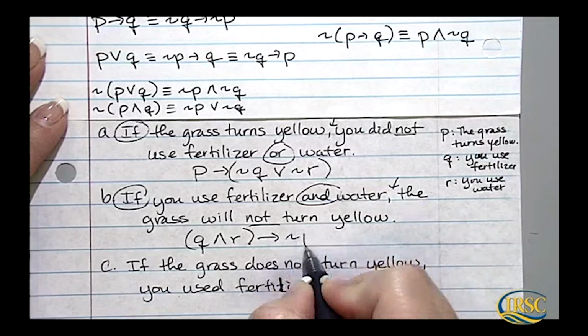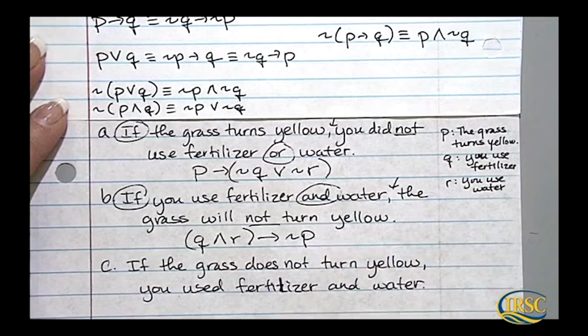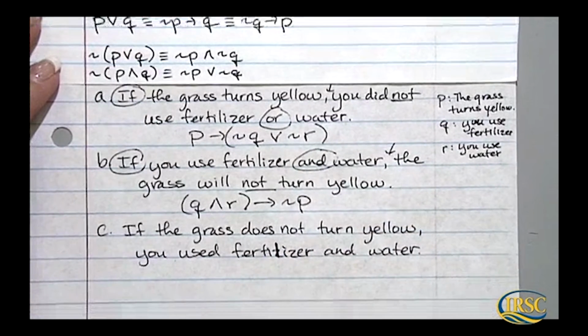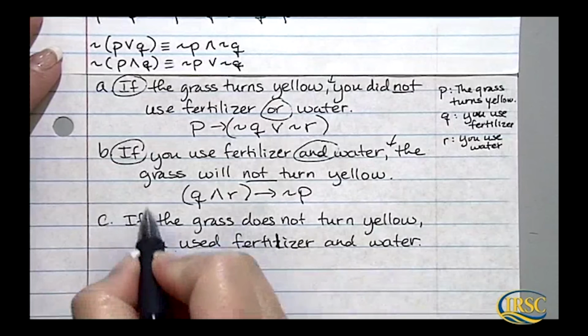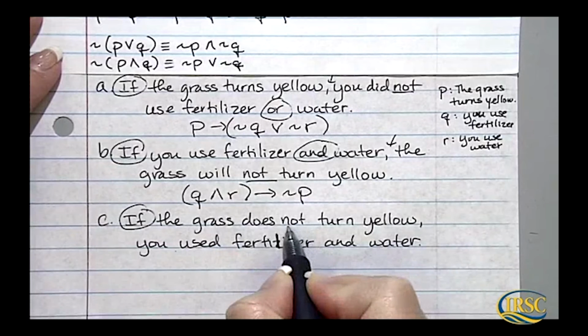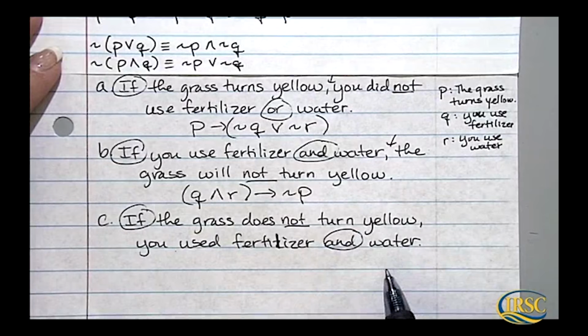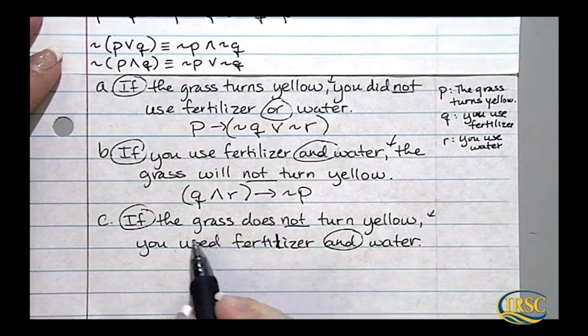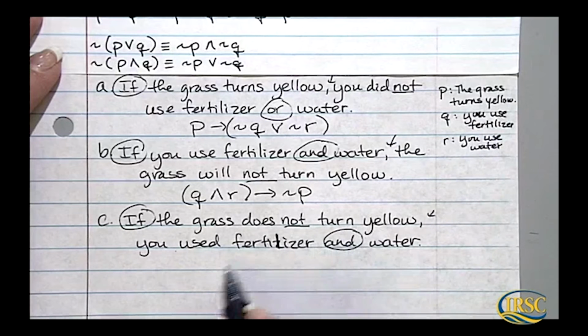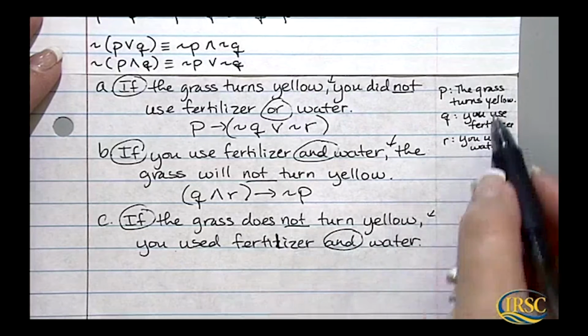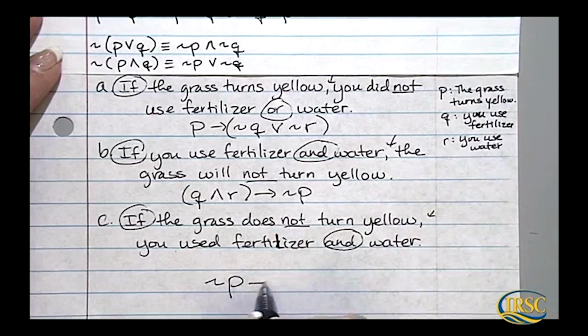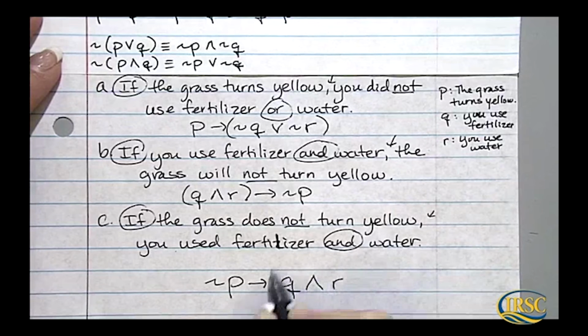Not P. And then the last one, the key words, if, not, and, a comma. Okay. So if the grass does not turn yellow, so if not P, then you use fertilizer and water. Q and R.